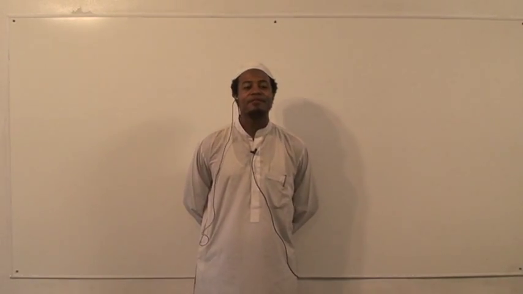Say ba, ta, tha, ja, ha, kha, da, dha, ra, za, sa, sha, sa, da, ta, dha, a, gha, fa, qa, ka, la, ma, na, ha, wa, ya. Each one of those sounds has a visual representative for it.